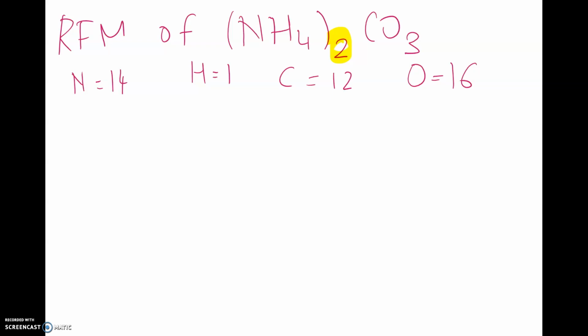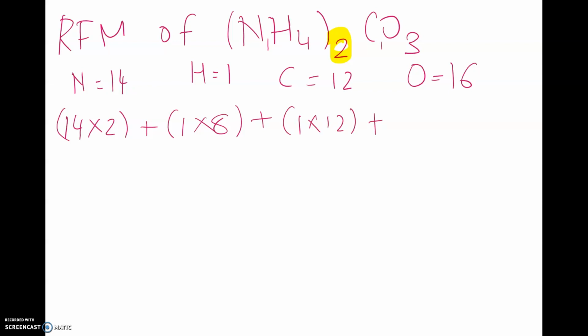So we go with 14 times 2, because there's only one of them. Because we have 4 hydrogens already, 4 times 2 is 8, so we have 1 times 8. Carbon, because you don't have anything on it, is 1 times 12. Plus this time you have 3 oxygens, so you do 16 times 3. If you add all of that, you end up with 96.